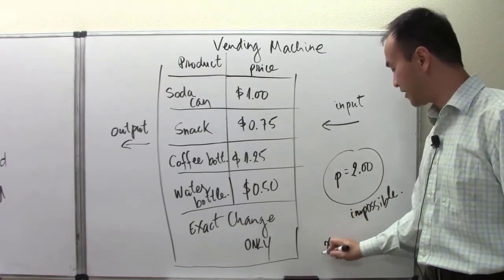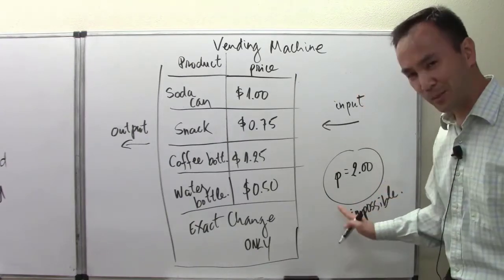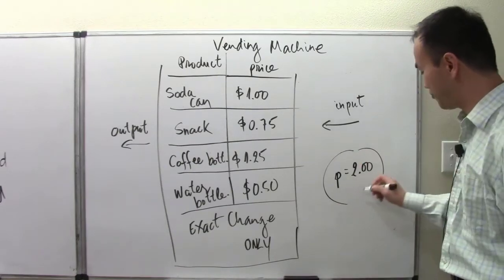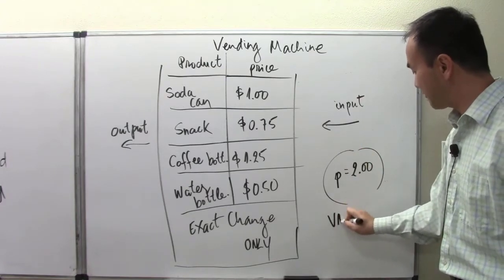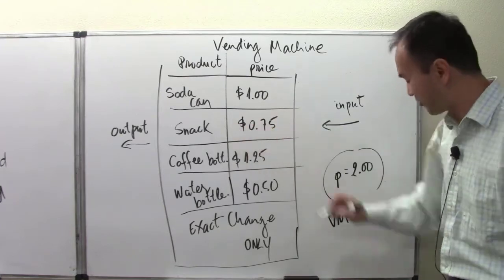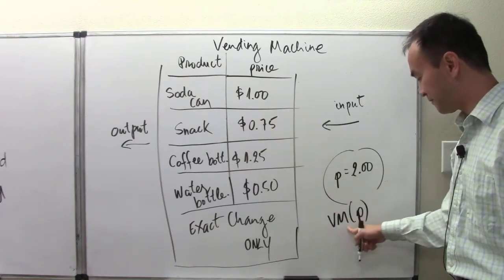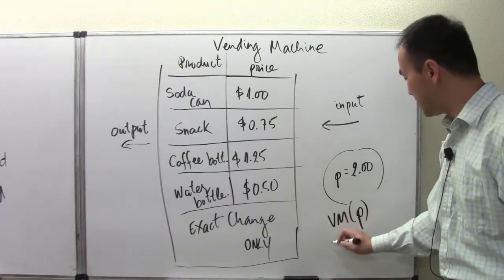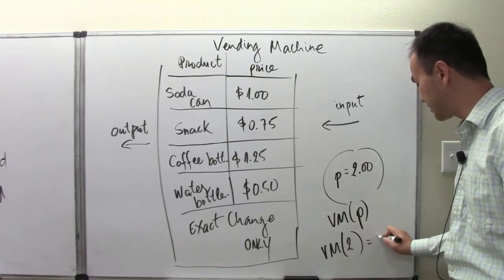I call it impossible as a common daily term, but mathematically speaking, I also remember that I refer to this machine as a function. Once we agree that this is a function, we call it VM of P, a function that takes inputs P. And so in this case, VM of 2 is undefined.